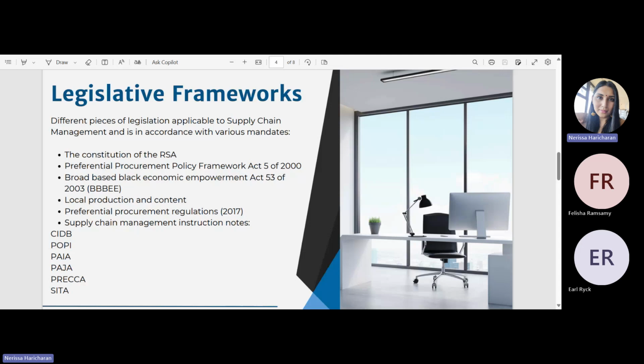Okay. Then we have preferential procurement regulations, and this basically sets out very specific implementation ways of how you're going to set out your tender. So your triple PFA has your 80-20 or your 90-10 sort of preference points.